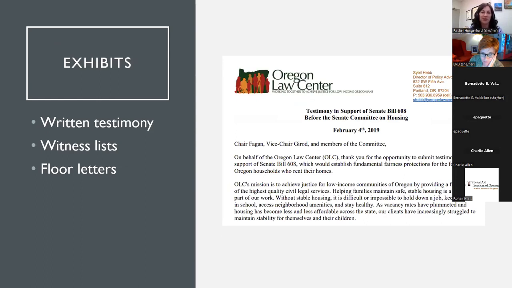Exhibits, this would include written testimony that's submitted. So oftentimes for public hearings, proponents and opponents of a bill are going to have submitted written testimony and also will come and give oral testimony. There will be witness lists of everyone who came to testify. Sometimes there are floor letters for the floor sessions.